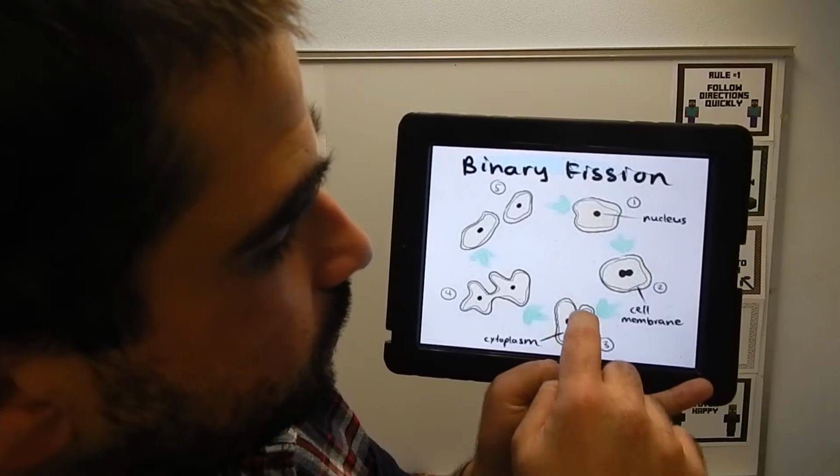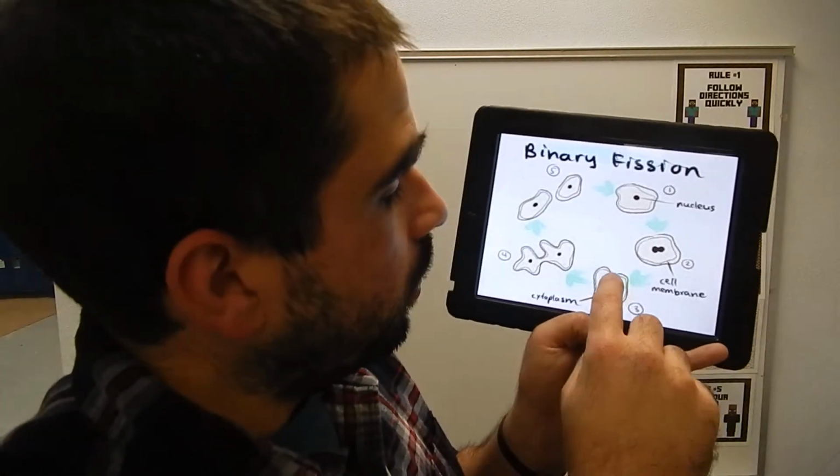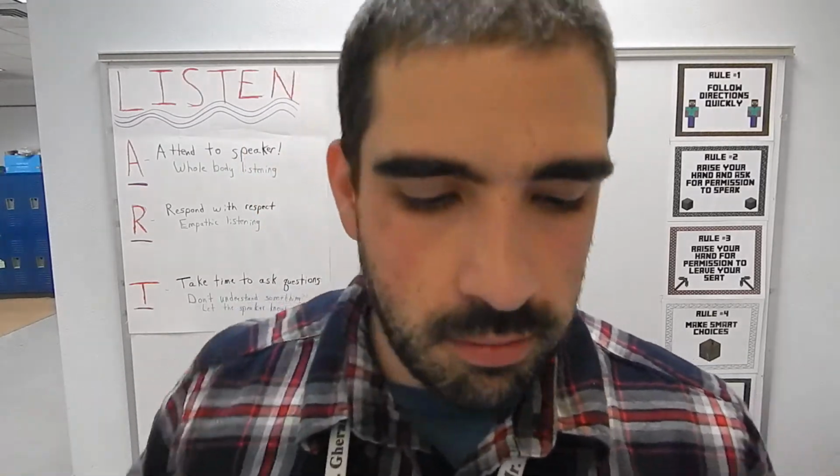And then step 3, we see that there's a little pinch, and it's starting to cut itself apart. And then it's more divided, and bam, all of a sudden we have 2 identical bacteria cells. And those can cause a whole host of issues because they divide really fast, and then they can go and then make you sick. All right.